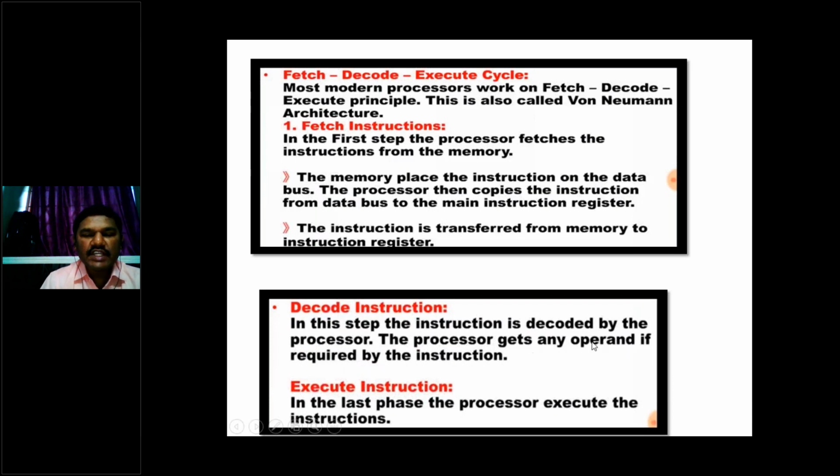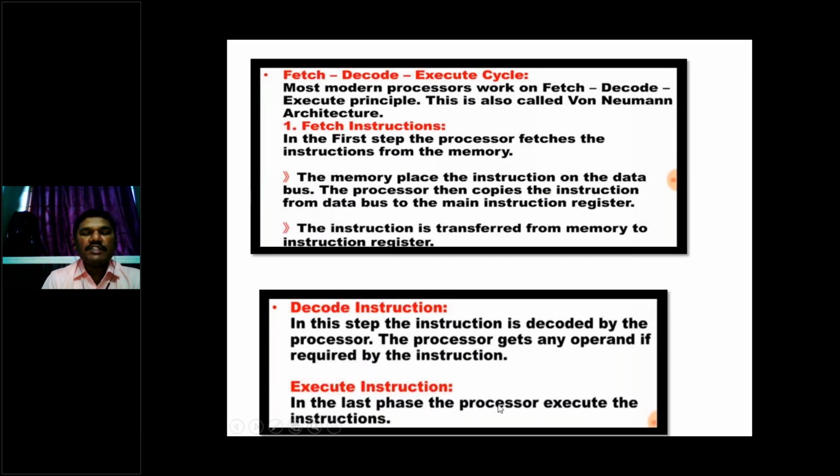The processor gets any operand if required by the instruction. Because an instruction has two parts, opcode and operands. The opcodes are the instructions, and these work on operands. So the opcodes and operands are required to decode the instructions.